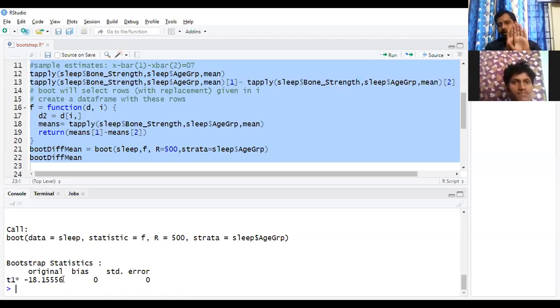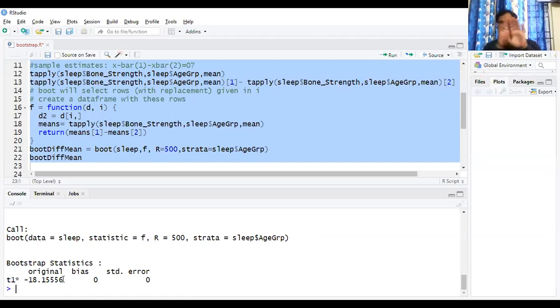You cannot claim that the sleeping time varies across smokers and non-smokers.